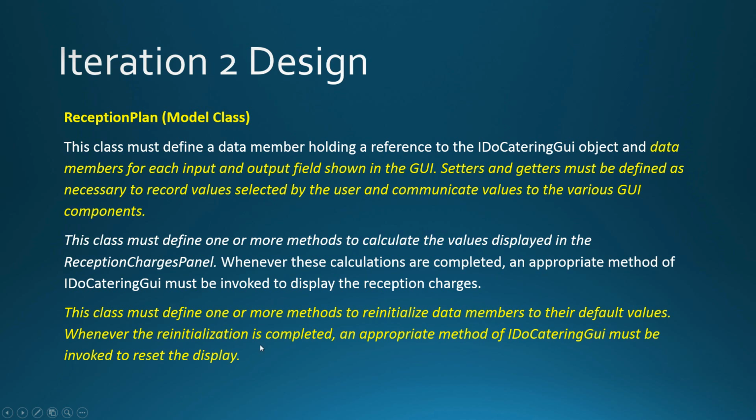Down here, also in yellow, I've indicated that we're going to define a method to reinitialize data members to their default values. Remember, when the reset button is pressed, both the GUI and the underlying model components have to be reinitialized.